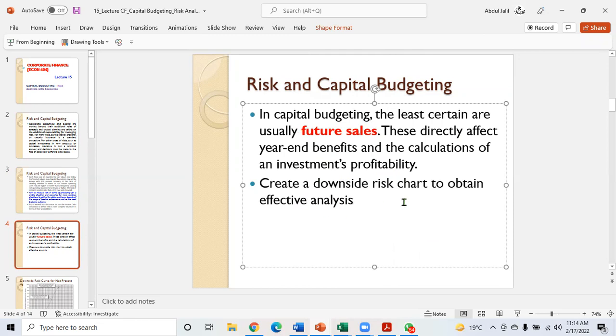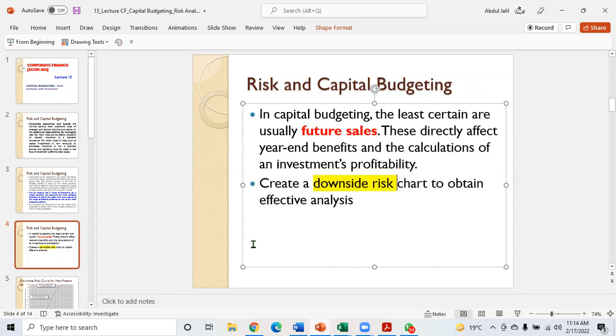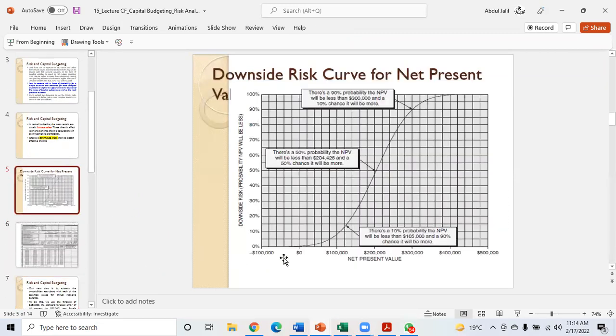So create a downside risk chart to obtain effectiveness. This downside risk chart needs to be established, so that is quite helpful for you. You can use that to make your understanding clear about how things are going to change. So this is the diagram. This is the accumulated distribution of a probability distribution, the accumulated probability distribution.